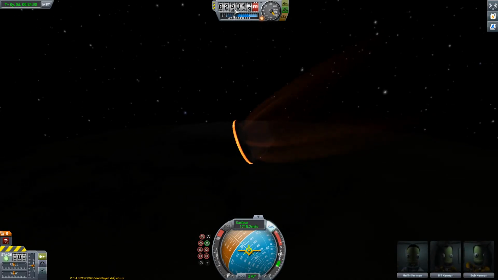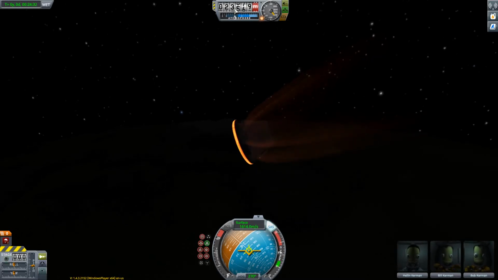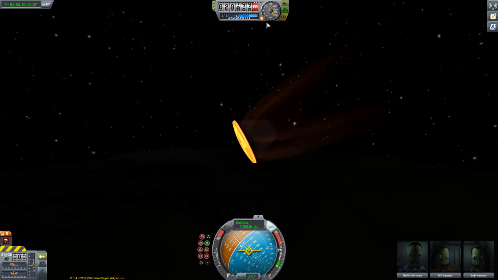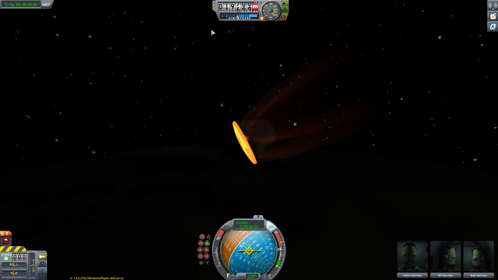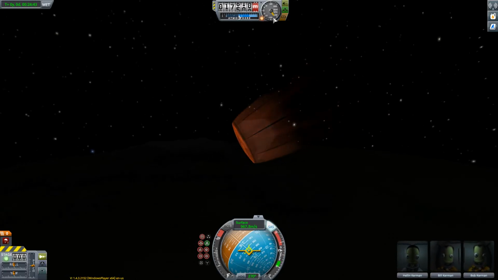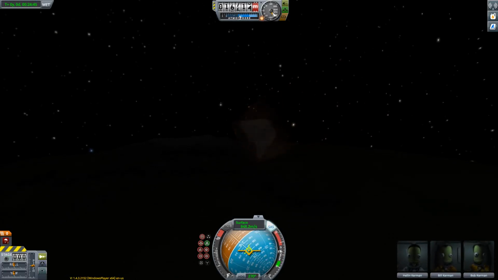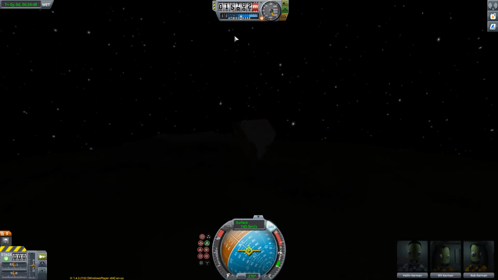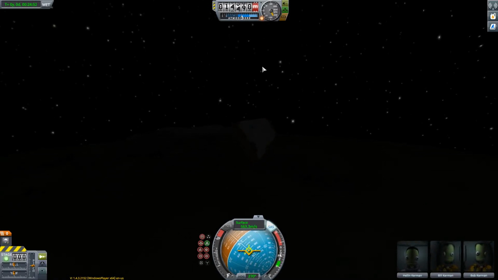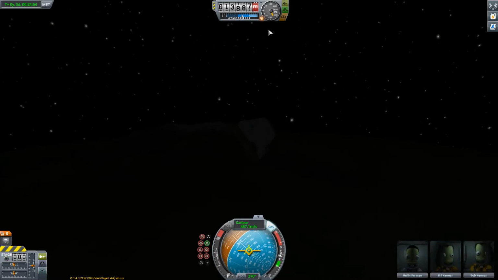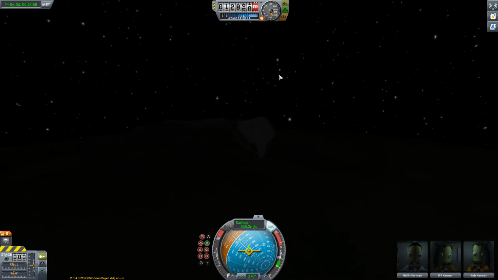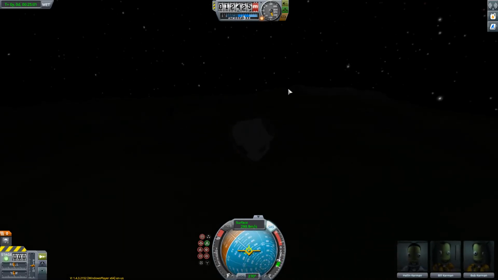So once we get to about 5,000 meters, we're going to press space to activate our parachutes. We're about to hit a vertical speed of negative 500. We're going to be approaching negative 100 meters per second vertical speed very soon.